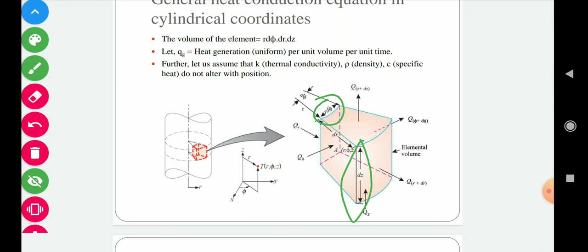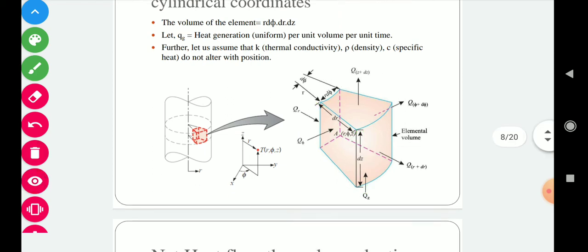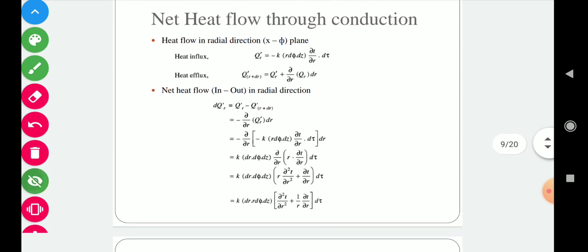So this area will be equal to r d phi into dz. Here you can see r d phi into dz, dT upon dr, multiplied by the total time. It will give you the total amount of heat transfer at that particular time.